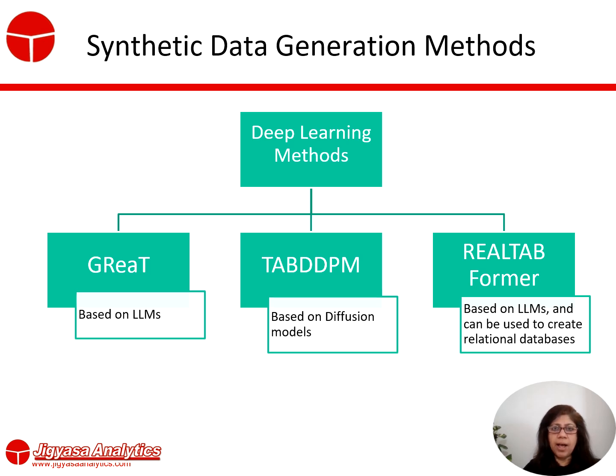However, this method is faster than GREAT, and this method can also be used to create relational databases and seemed interesting to us. I will now hand it over to Shikha, and she will explain each of these methods in detail.